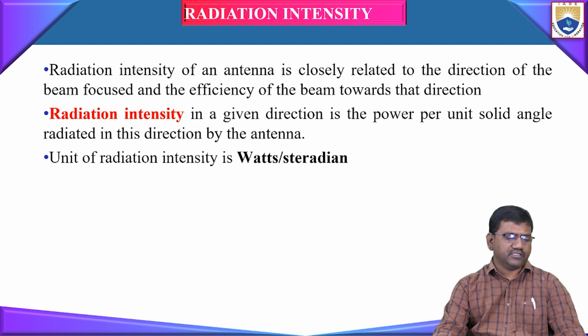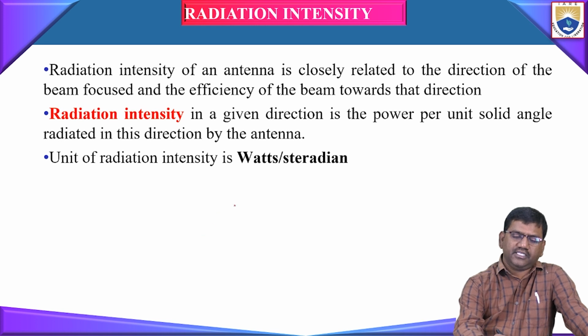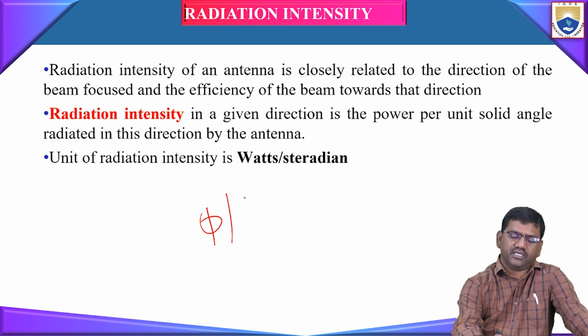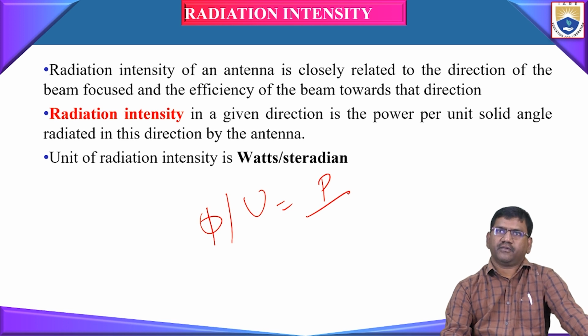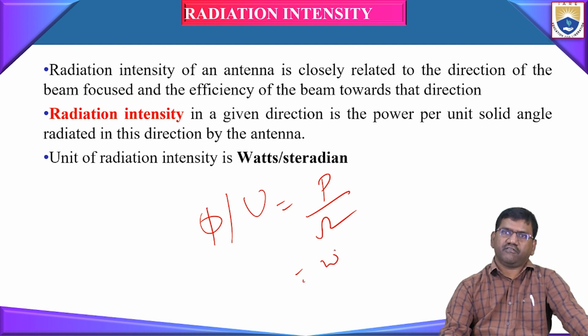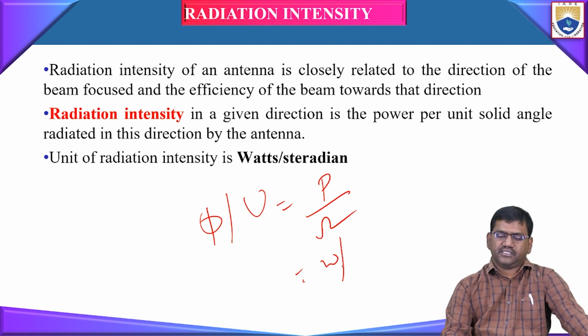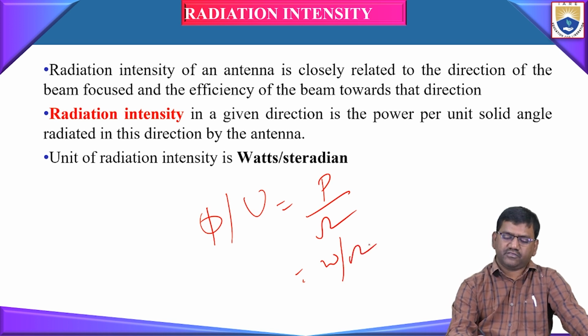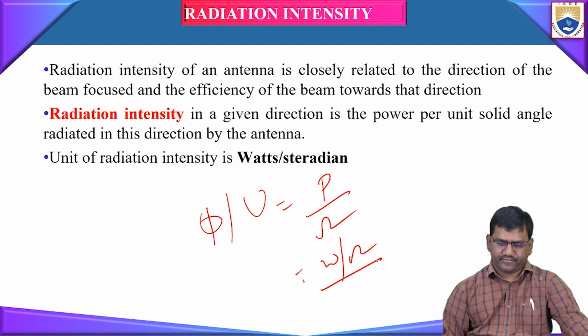It is denoted by the symbol capital phi, or we can also represent it by the symbol U. The units are watts per steradian, because power is in watts and solid angle units are steradians.